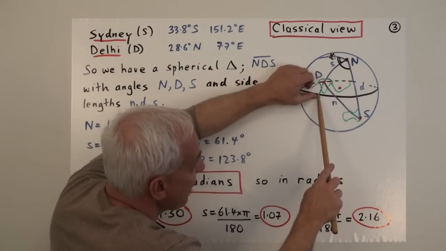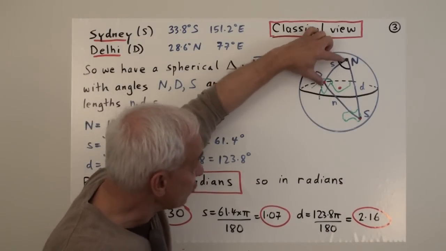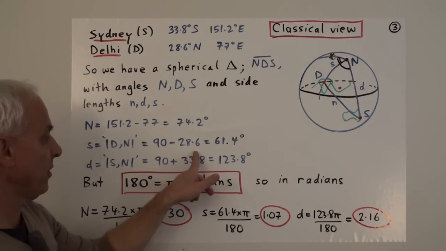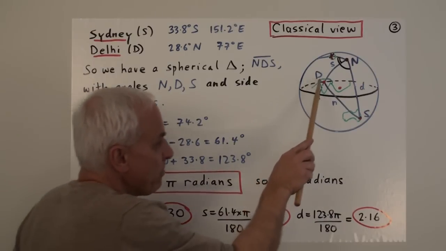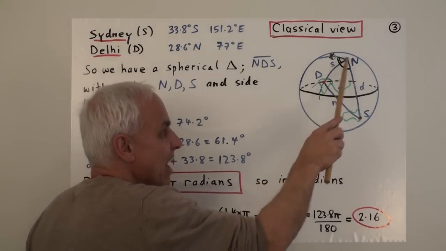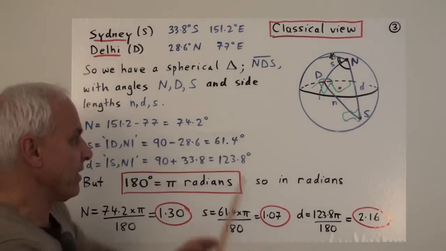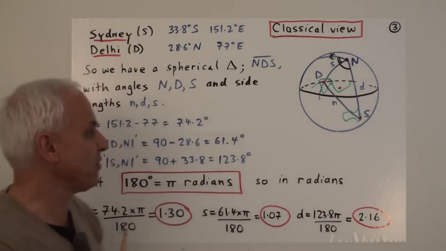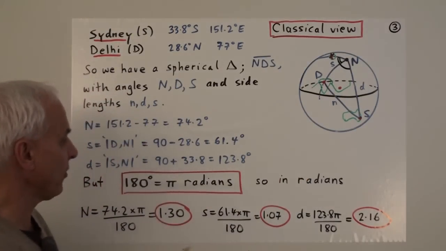Since from the equator to the North Pole is a total angle of 90, from Delhi to the North Pole will be 90 minus 28.6, or 61.4 degrees. That's how we measure that side in classical spherical trigonometry, assuming the sphere has a radius of 1. So S is equal to 61.4 degrees.